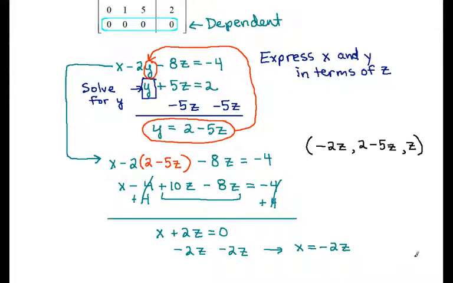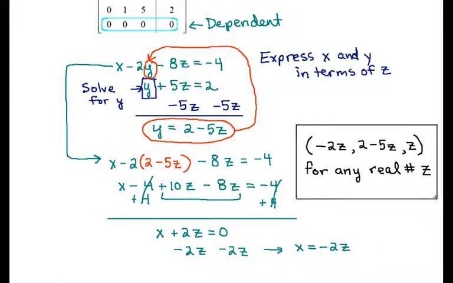The meaning of this solution set is that for any real number z, I could plug it into all three of these, and it would give me an ordered triple that is a solution to the dependent system of equations. Since I have an infinite number of real numbers z to plug in, I get an infinite number of ordered triples that are solutions to this system of equations.